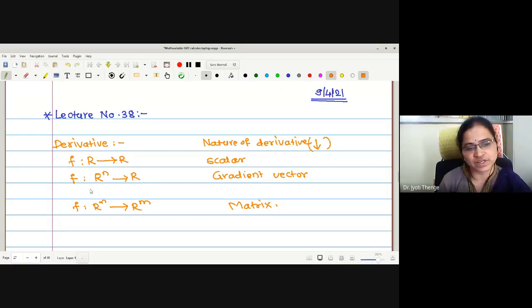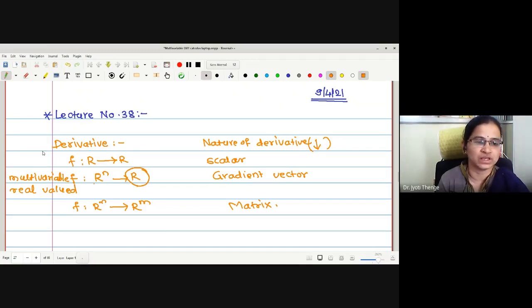Second type of function, the function is of the type Rn to R. What are we calling this? This is multivariable real value. Why am I saying this is real value? Because the domain, if you observe, this is R only. What is the nature of the first type of function? This is a one variable real value function.